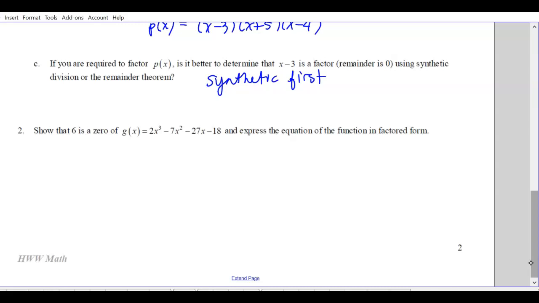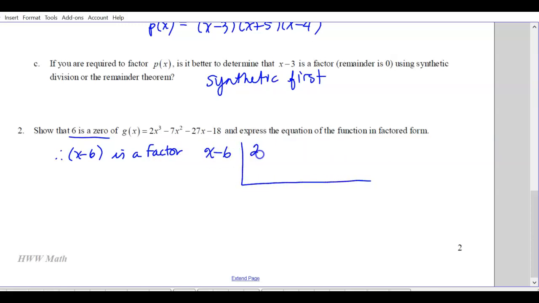So I do have to divide and get what the remaining factor is. So I'm just going to use synthetic to begin with. So that means if this is a 0, then x minus 6 is a factor. Or we're going to show that it is. So x minus 6 into our polynomial.